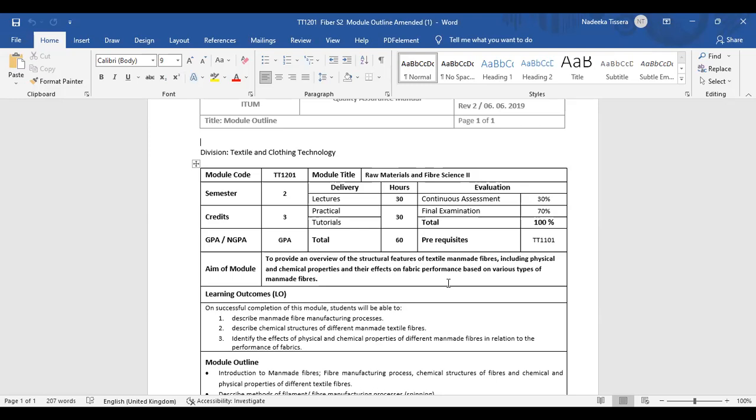And if you are going to talk about new innovation and how to apply new properties to the textile, there also you need to talk about the initial raw material properties or the fiber properties.